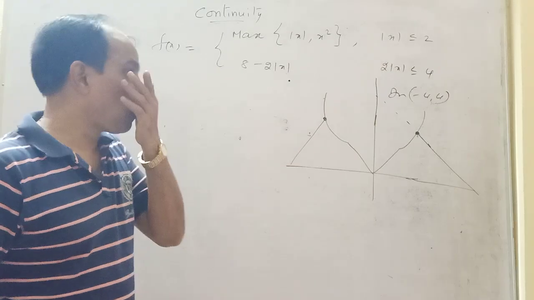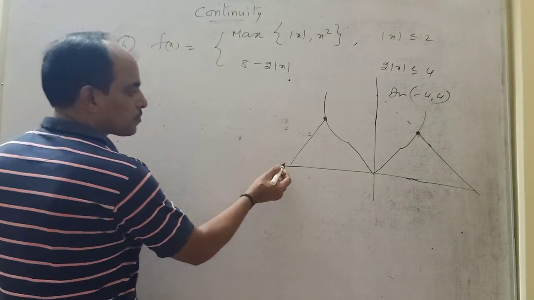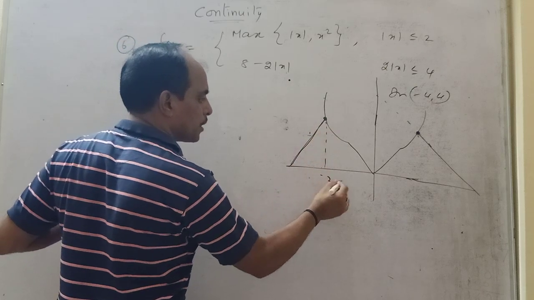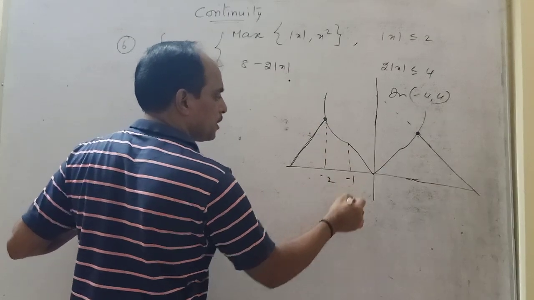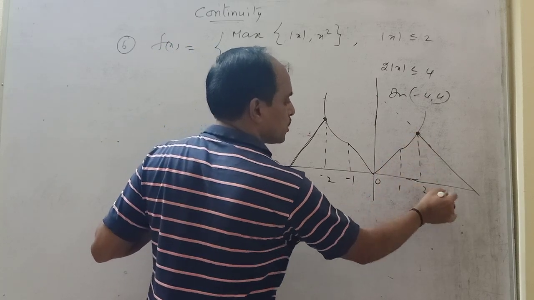Okay. Now, you see this is the graph. One line coming like this and this will be the point minus 2 and this is the point minus 1 and this is 0. And this one is 1 and this one is 2.